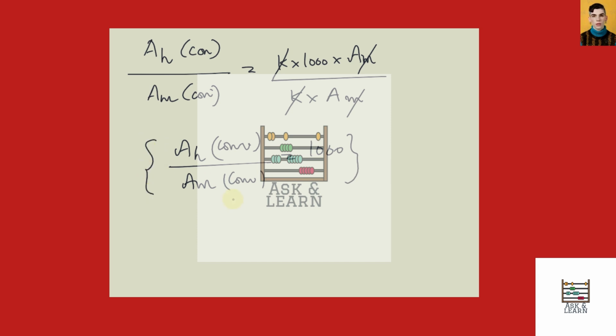So the factor lambda by which the surface area of the human brain would be larger than the mouse brain if the brain was not convoluted.